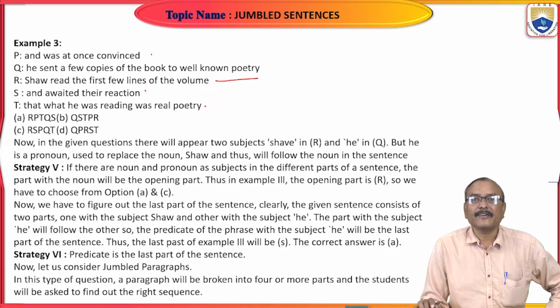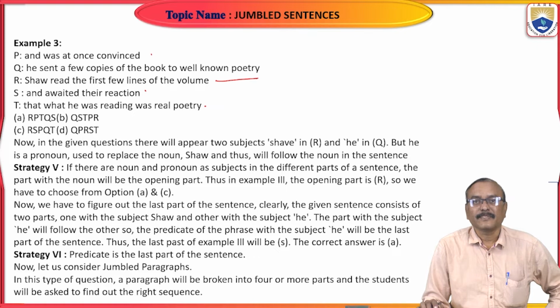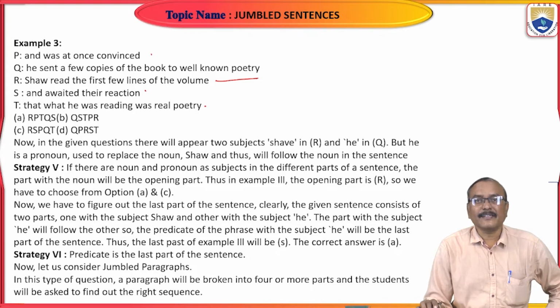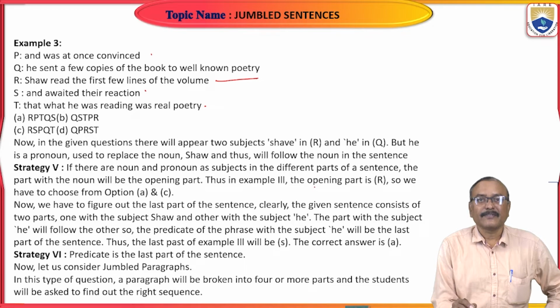Shah read the first few lines of the volume. So what did he do? Here he read the first few lines of the volume. Then see the next here. What are the options here?